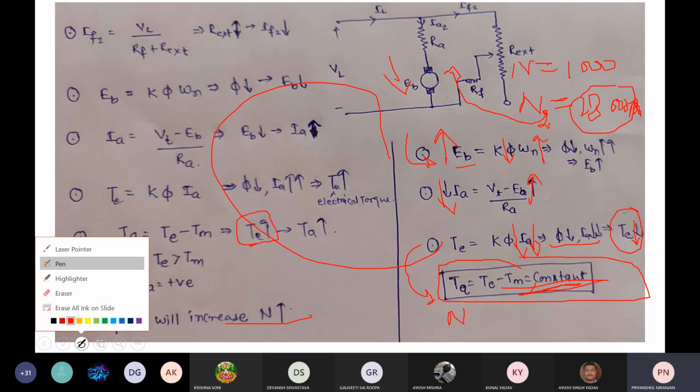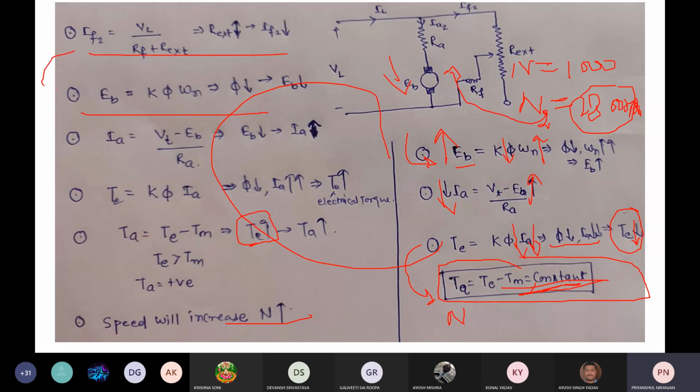You have to find out from that equation step by step how the speed decreases. Okay, ये करके देखेंगे आप.